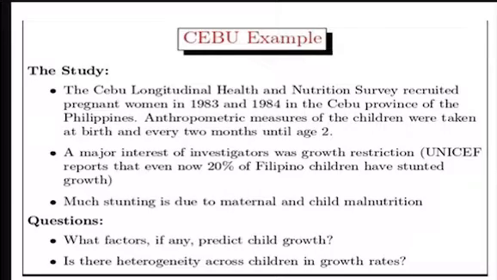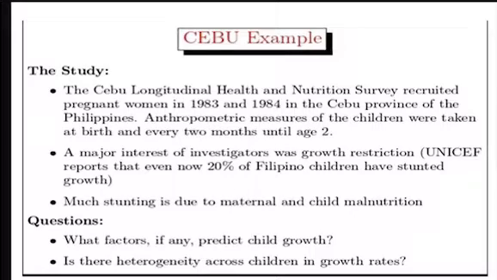That's a repeated measure. A major interest of the investigators was growth restriction. UNICEF reports that even now 20% of Filipino children have stunted growth, and more stunting is due to maternal and child malnutrition.